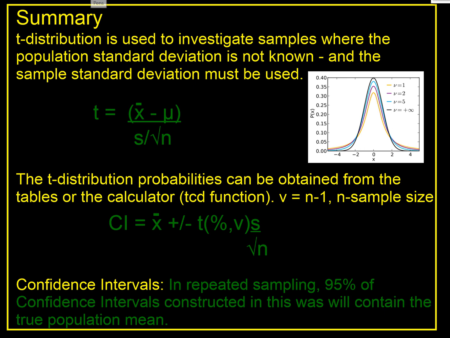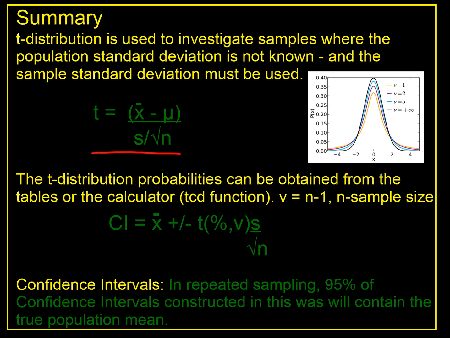Okay, so to conclude this, and my little summary as ever, the t-distribution is used to investigate populations where the standard deviation is not known, a sample is small, and therefore the sample standard deviation must be used.